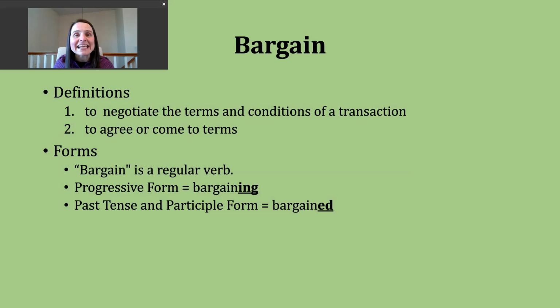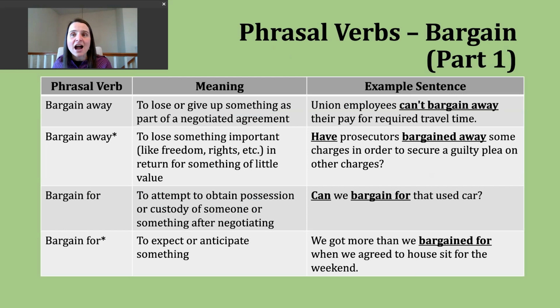This means the ed ending is just going to make a d sound, and we're not going to add an extra syllable as we say it. It should sound like this: bargained, bargained. Okay?